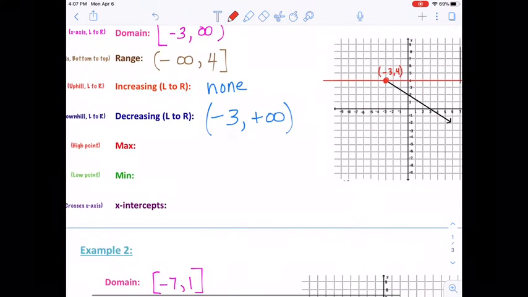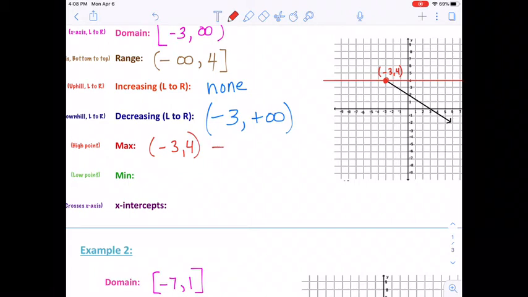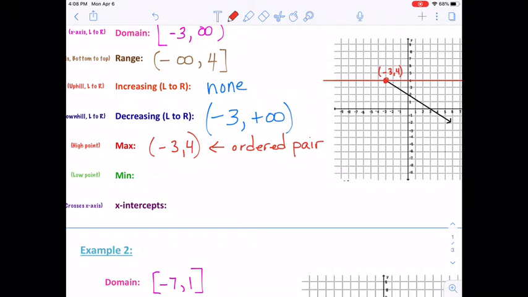So the maximum point is at -3, 4. Notice this one is an ordered pair, not the interval notation. That gets a little confusing to figure out when we're talking about an ordered pair and when we're talking about interval notation. Max and min we're going to represent in ordered pairs.